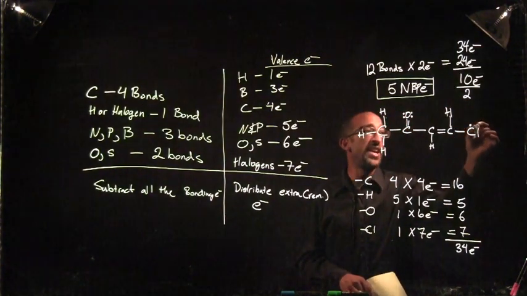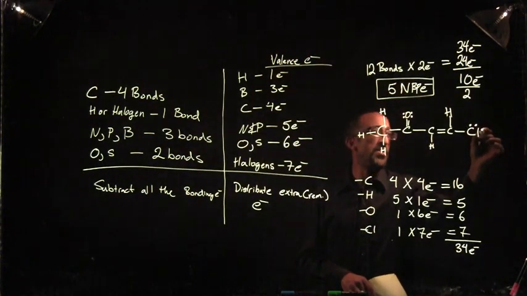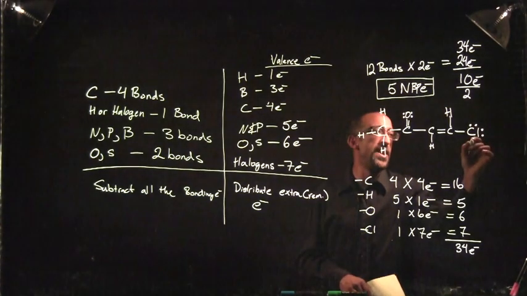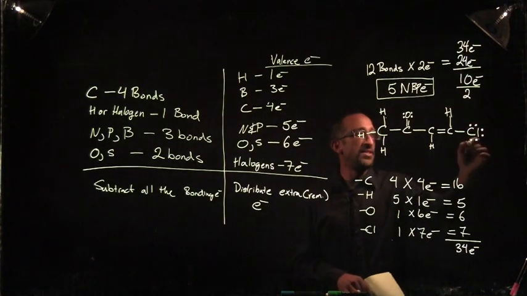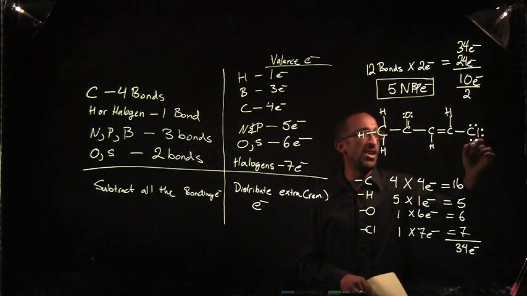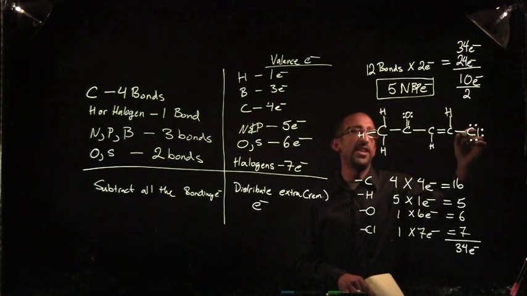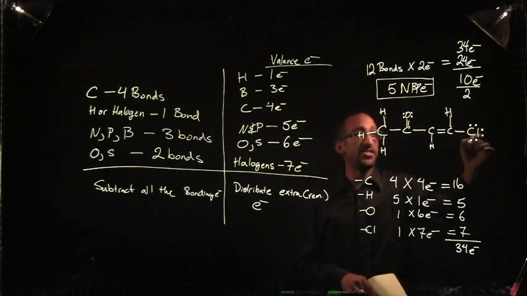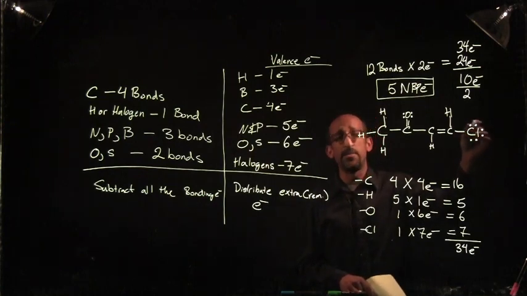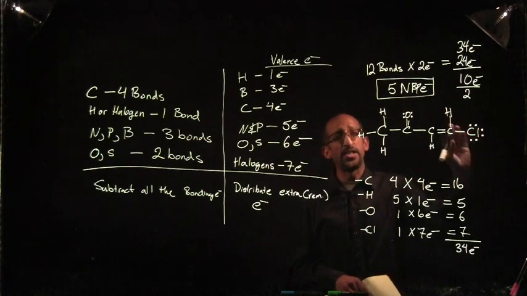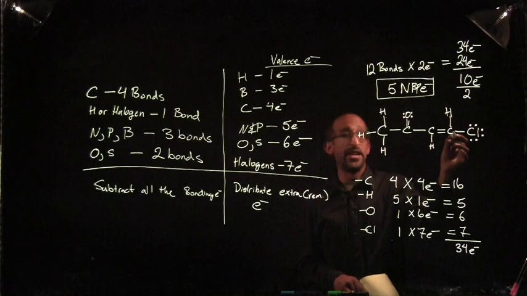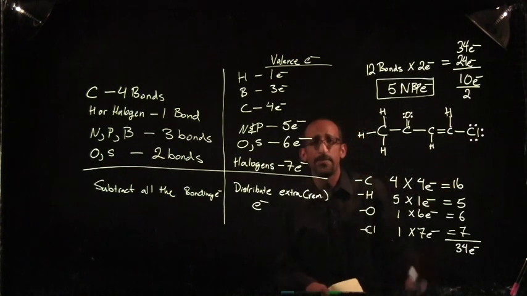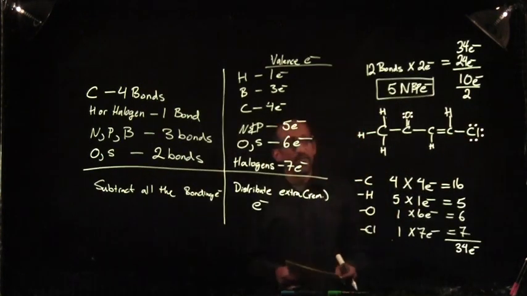And so we can take care of that by putting 3 lone pairs around our chlorine atom. We now have 6 non-bonding electrons, 1 bonding valence electron. That gives us the 7 valence electrons contributed by chlorine. For a full octet, we need 8, and that 8th electron comes from the valence electron that carbon is sharing in this bond. Okay, so there's our first example.